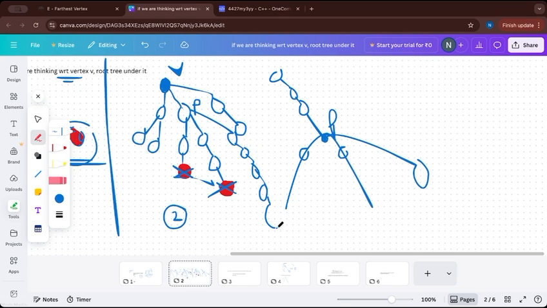So for example, this is the largest one, right? So if there is a vertex Q which is not the boundary of the diameter and which is rooted at P.